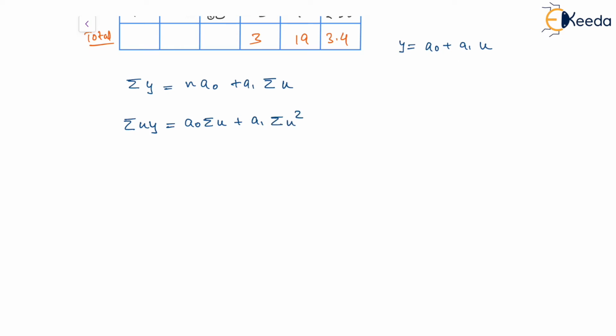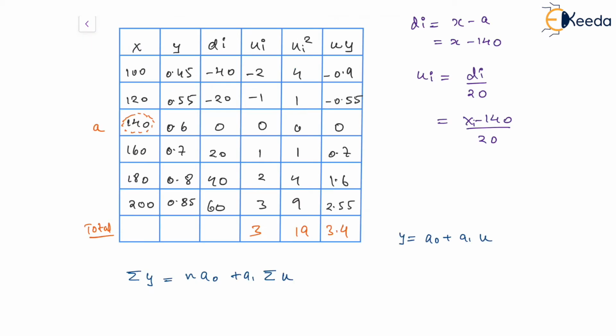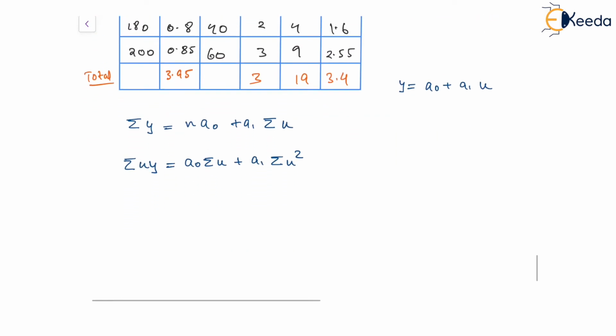So these normal equations will be used here to form the equation y equal to a naught plus a1 times u. Now we have found all the summation values and we'll just put them there, and summation of y is 3.95, which will be required here.